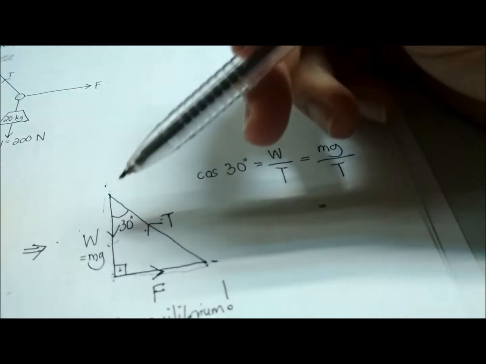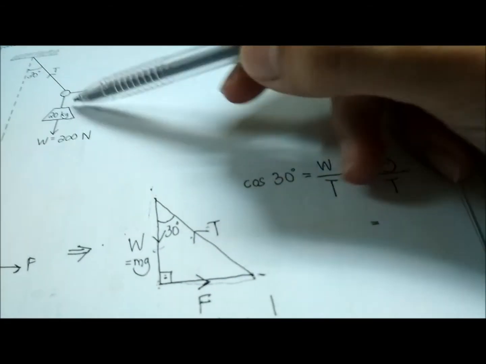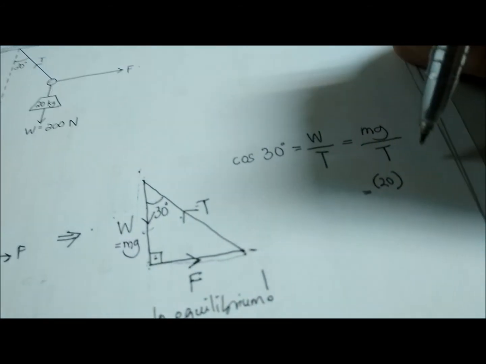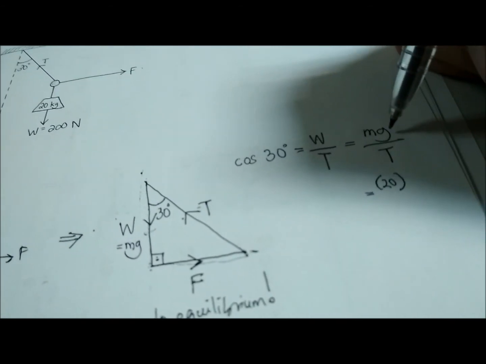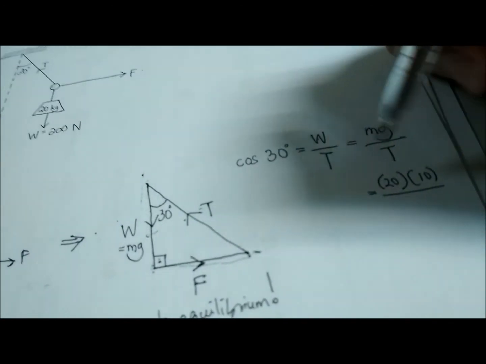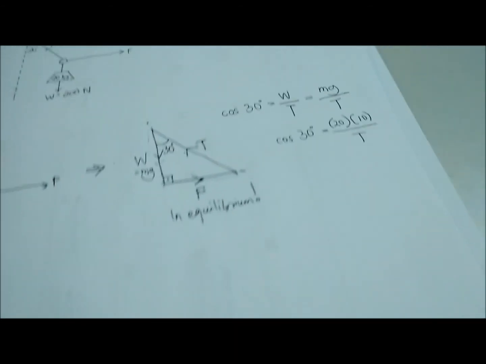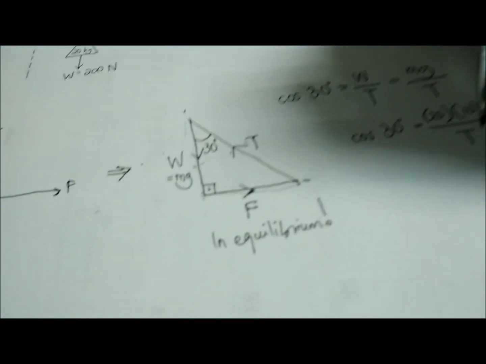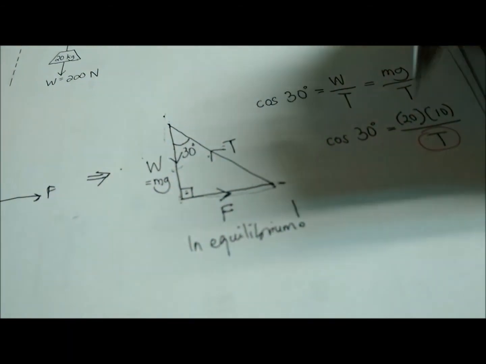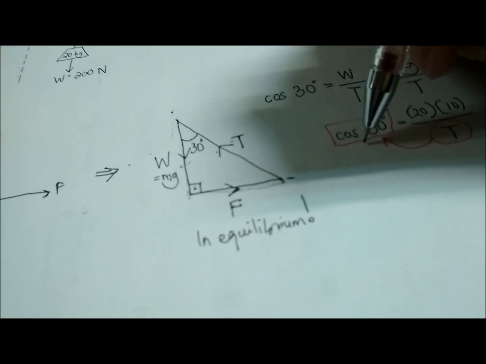So what is the weight of the mass? The weight of the mass suspended. The mass is 20 kilograms. The gravitational acceleration is 10. So cos 30 degrees equals 20 times 10 over T. How do we find T? All you need to do is to bring T to the other side, and then bring cos 30 here.